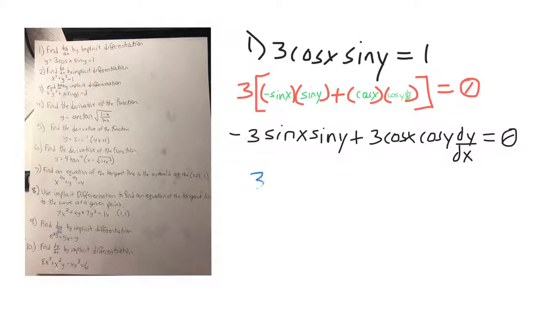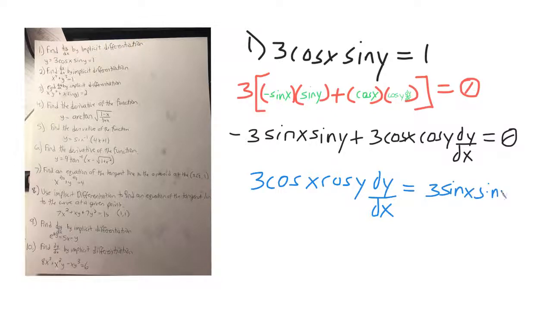And once we do that, we have this 3 cosine x cosine y dy over dx, and that's going to equal 3 sine x sine y. And finally, what I refer to as the kill shot, which is to isolate dy over dx. We're going to do that by dividing both sides by this 3 cosine x cosine y.